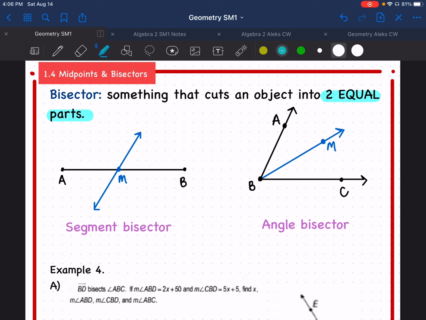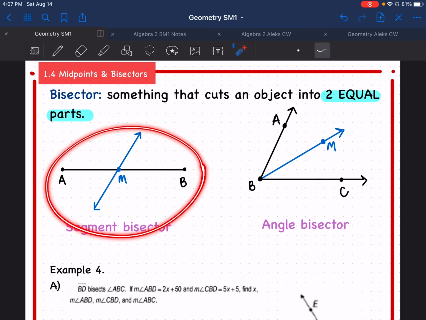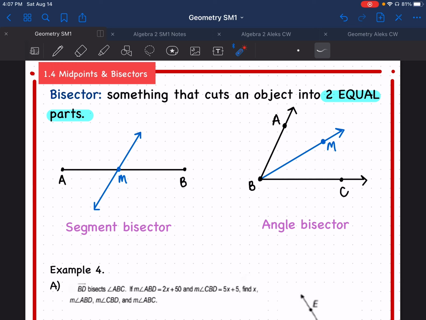I can have a segment bisector like I have right here in the first picture. This point right here would be my segment bisector. And of course, I use the letter M because it is a midpoint.